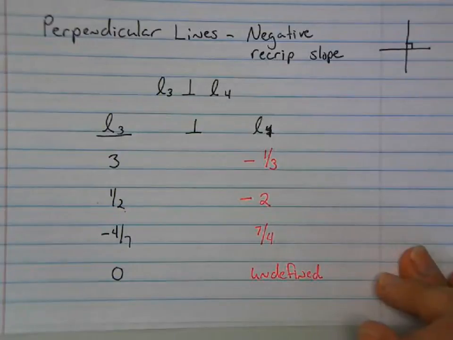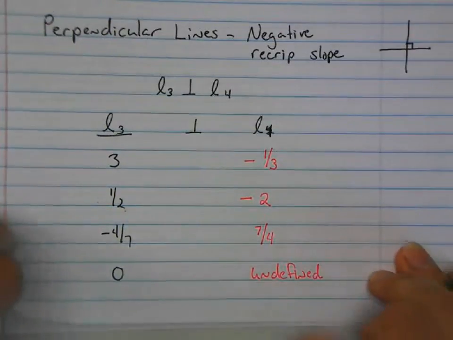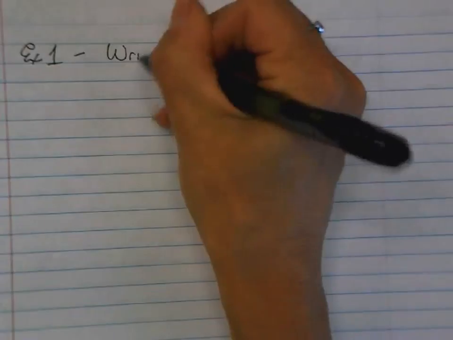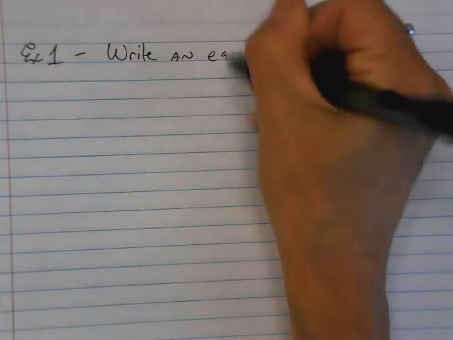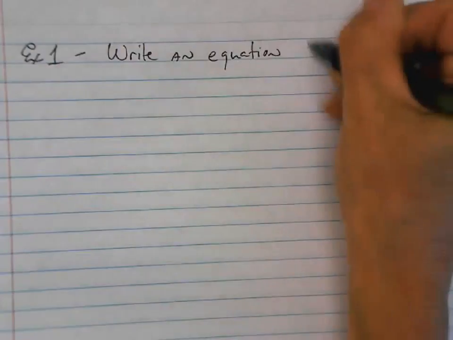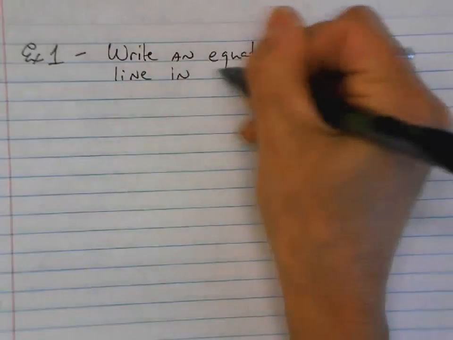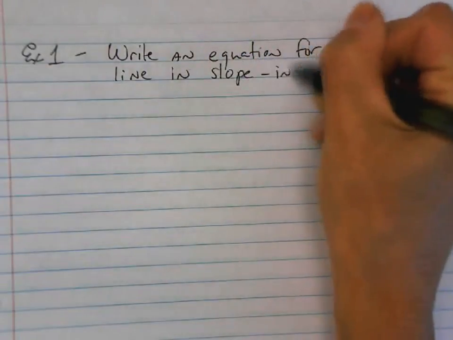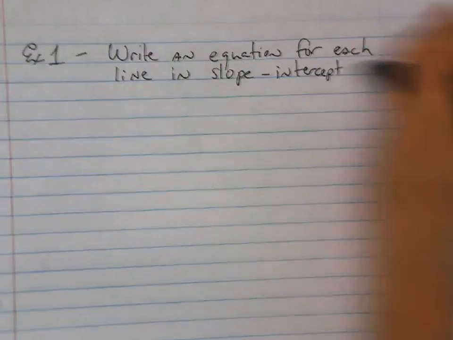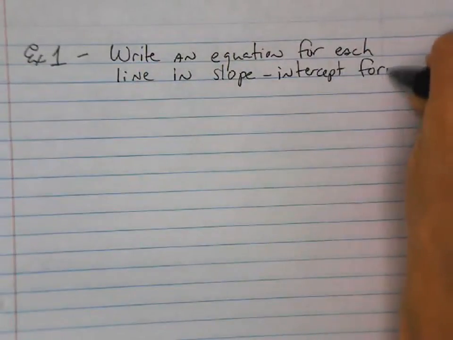Alrighty, so you ready? Let's try an example. Alright, example 1. Write an equation for each line in slope-intercept form. Remember, slope-intercept form is y = mx + b.